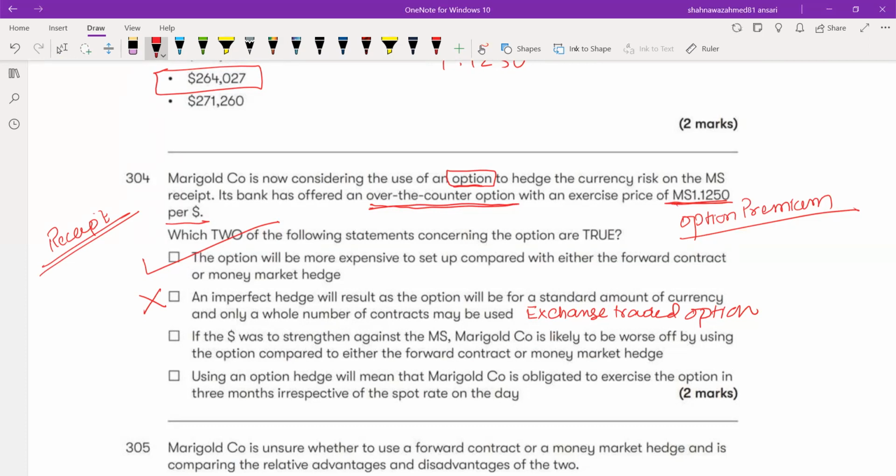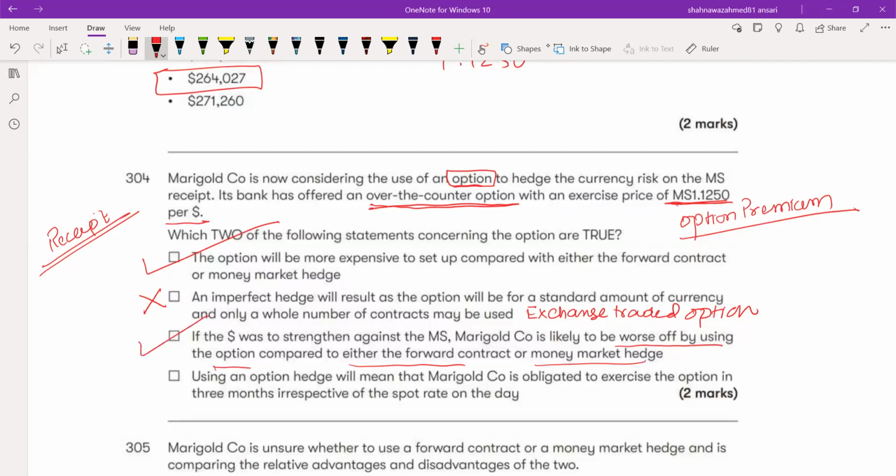So if MS depreciates and the dollar appreciates, it means the hedge is appropriate. So we have to pay a premium. So it is worse off paying for the option as compared to forward and money market hedging. So this option is correct.